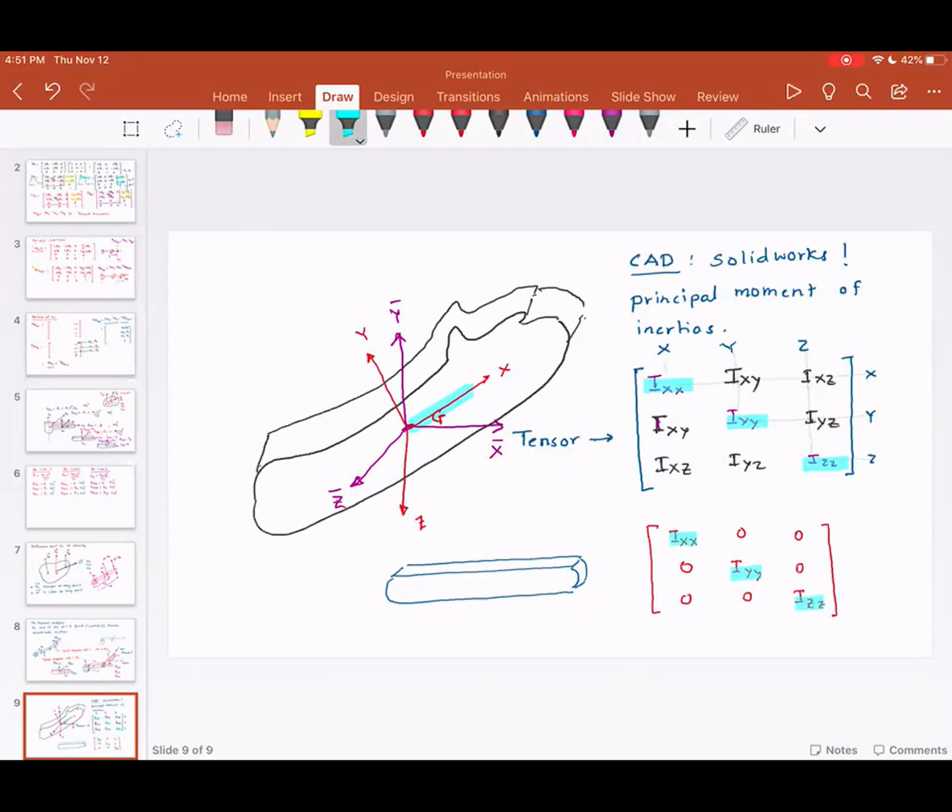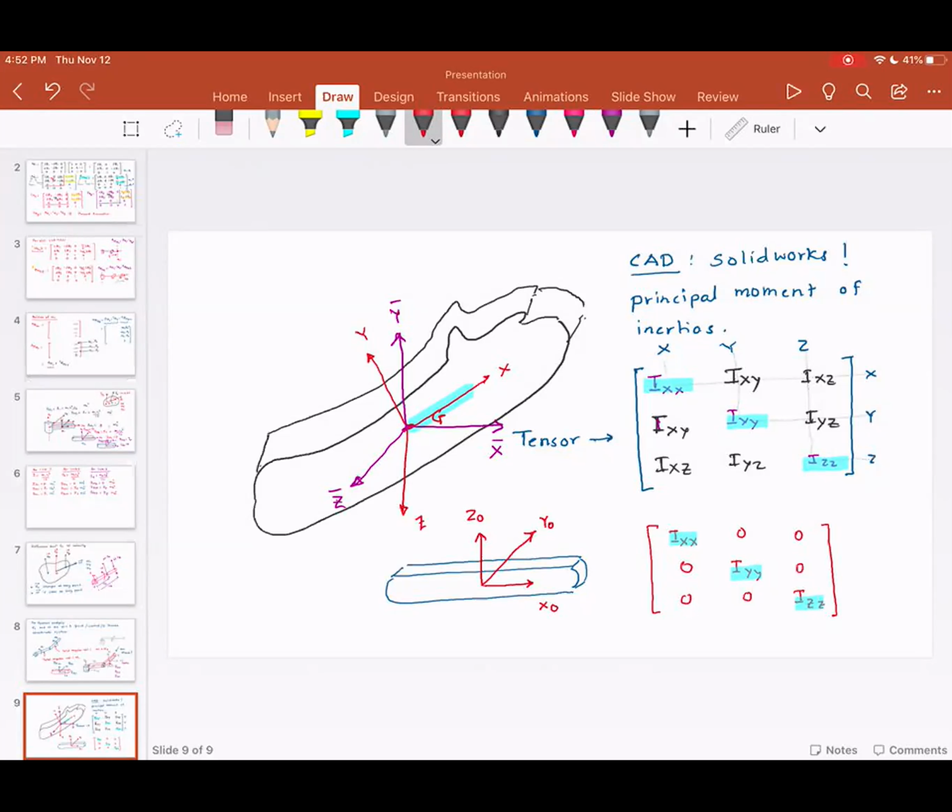And these are the terms that we found when we were finding I1, I2, I3. So this was Z naught, this was X naught, and this was Y naught, for the problem in homework 4.